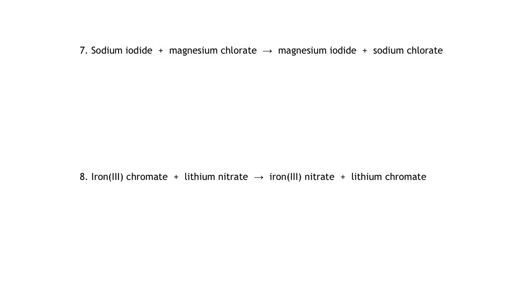All right, number 7. This is obviously an ionic compound because we have a metal and a nonmetal. Sodium has a charge of +1. Iodine has a charge of -1. Magnesium has a +2 charge, and chlorate, ClO3, has a -1 charge. And then magnesium iodide, so that's got to be the element iodine with a -1 charge.